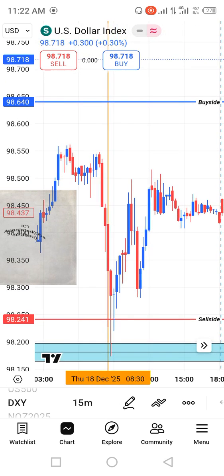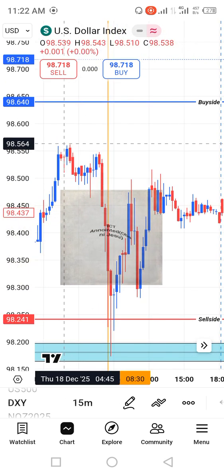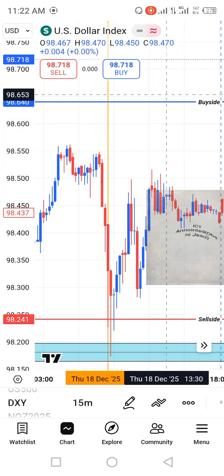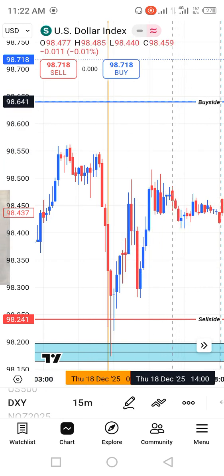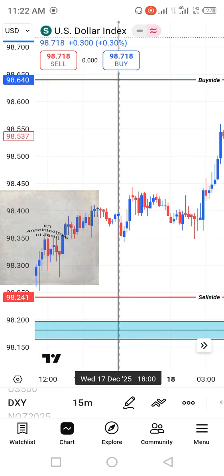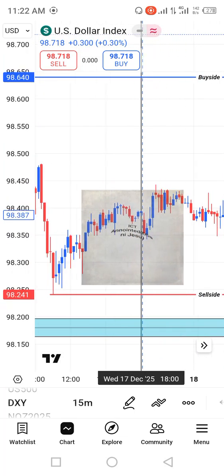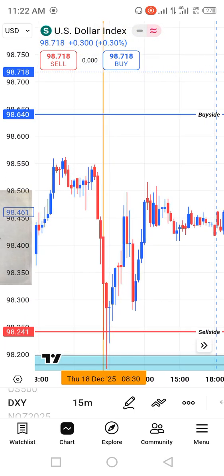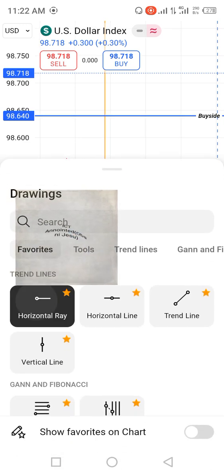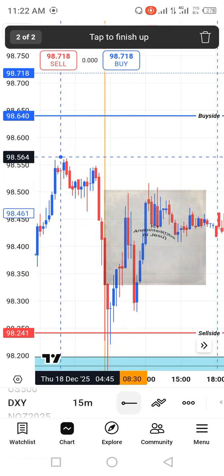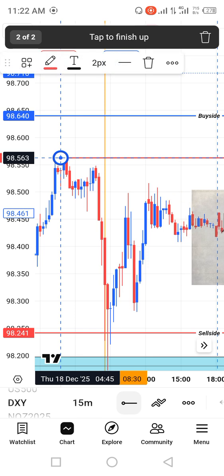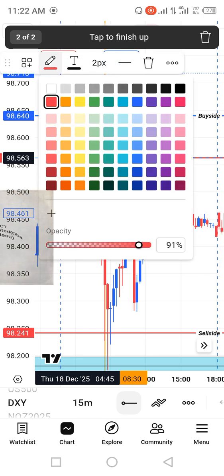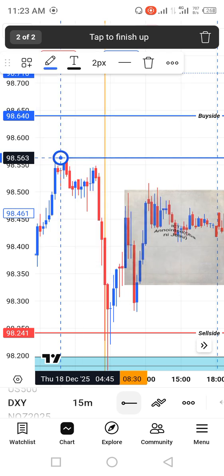Then I can begin to target this relative equal high here, or this very buy side that is ahead of price. So you delineate here, minor, okay, call it minor buy side.